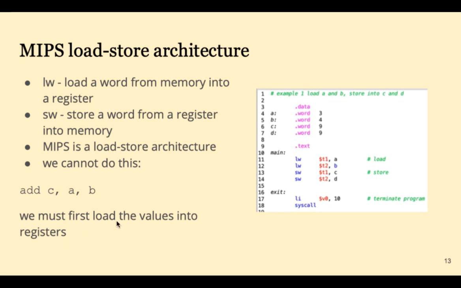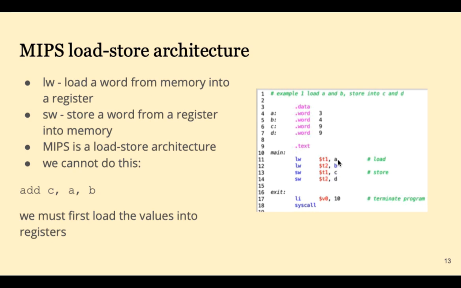In this sample code, we see 2 new instructions, LW for load word and SW for store word. Load word copies the contents of a word from memory into a register, and store word copies the contents of a register into memory.